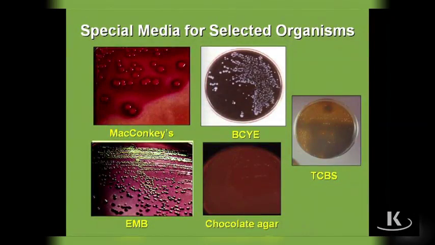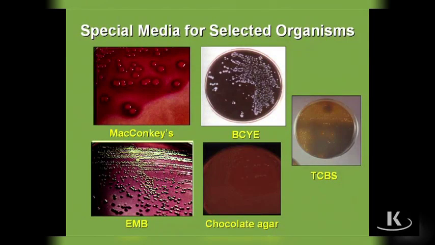Used quite often to determine if there's a water supply that's contaminated by feces, because E. coli will turn a metallic green on EMB, and it's very easy to pick out if you're screening large numbers of samples.